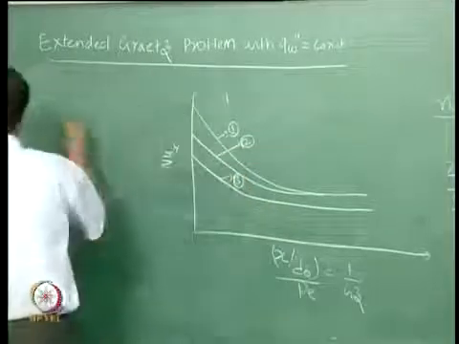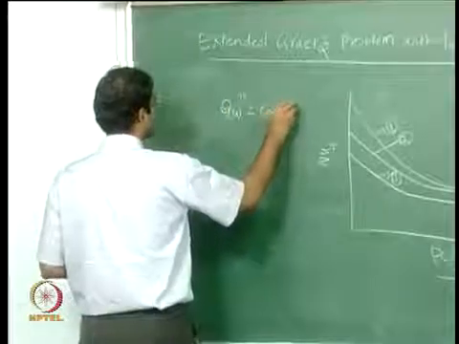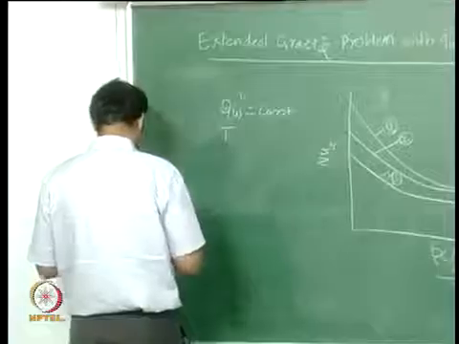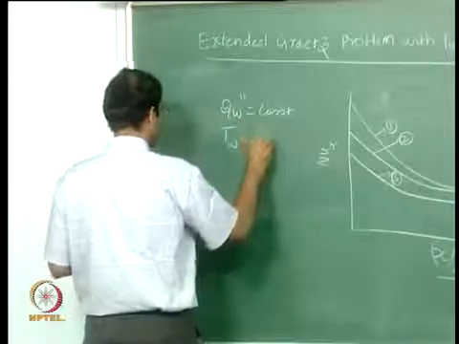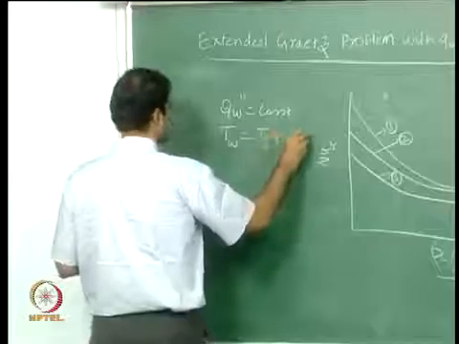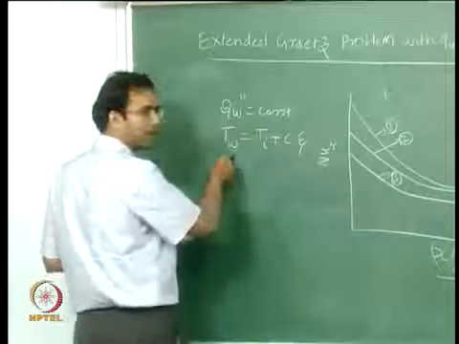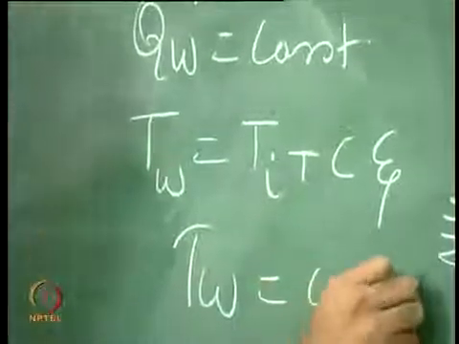Okay, so he has done for 3 different boundary conditions: constant wall flux and linear wall temperature variation, which was something like T wall is Ti plus some constant times zeta. This was the linear wall temperature variation, and of course your constant wall temperature.